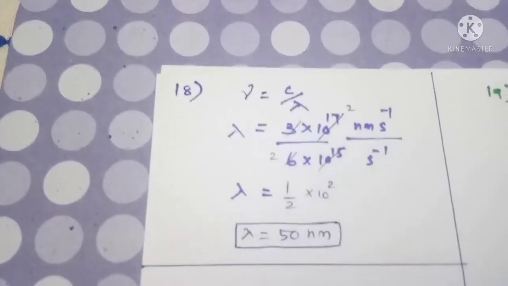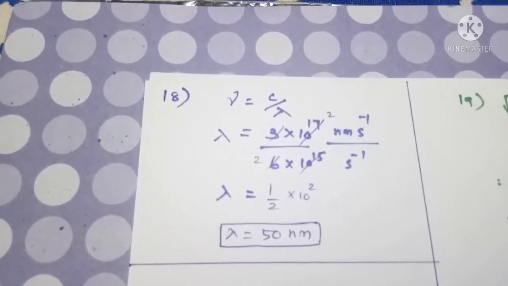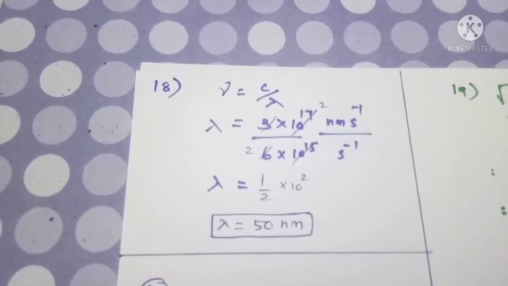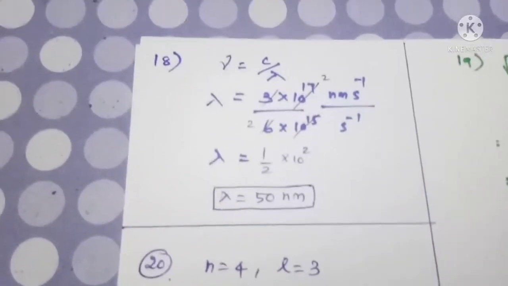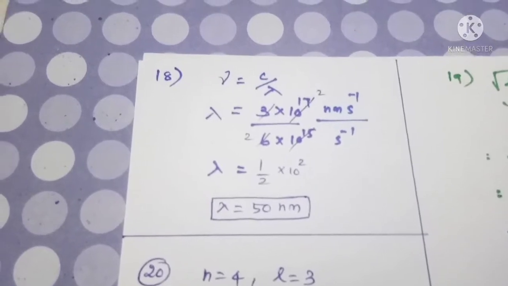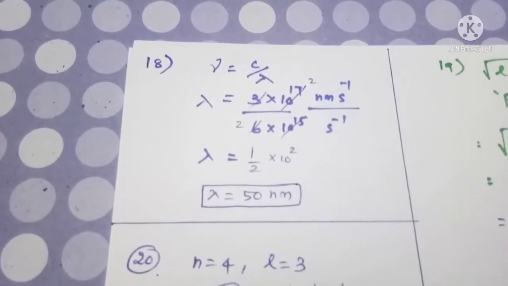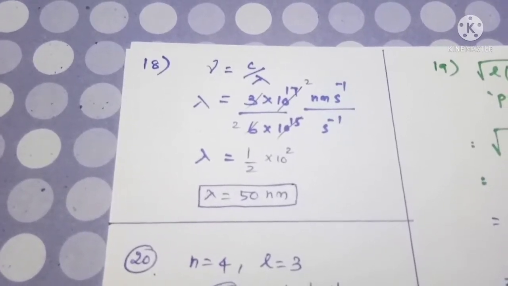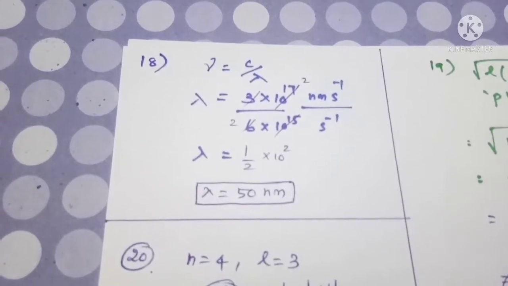For this we are supposed to use the formula nu equal to c by lambda. I think you know the relation between frequency, velocity and wavelength of light, isn't it? You are supposed to calculate the wavelength, therefore lambda equal to c by nu. C and nu values are given. C is 3 into 10 power 17 nanometer per second divided by frequency 6 into 10 power 15 per second.